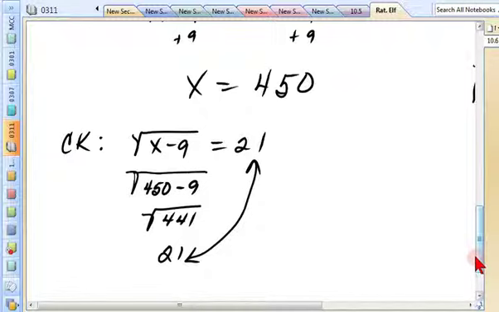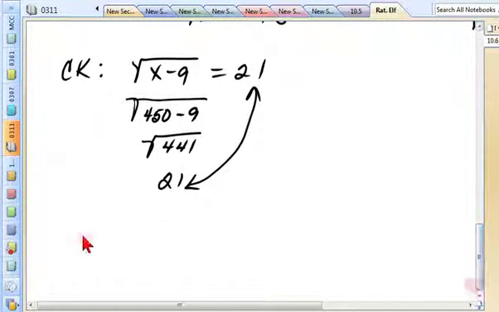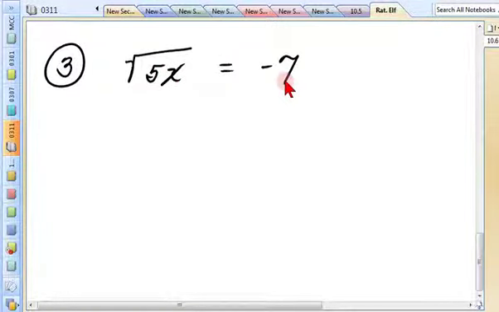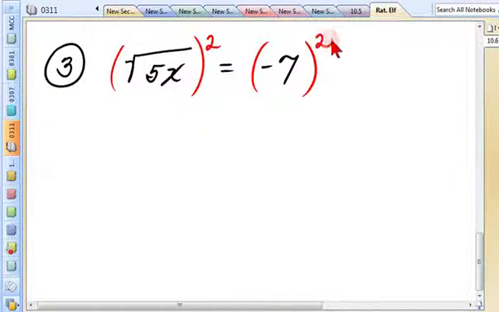Are we okay? All right, let's look at number 3. I have the square root of 5x is equal to negative 7. Is the radical isolated? Yes. So I can square the left side and square the right side.